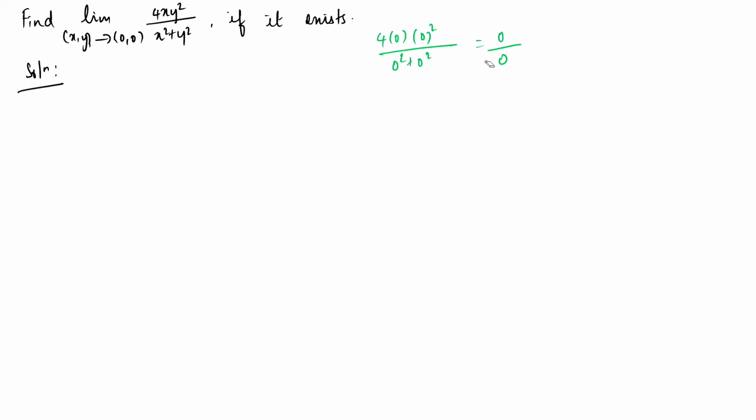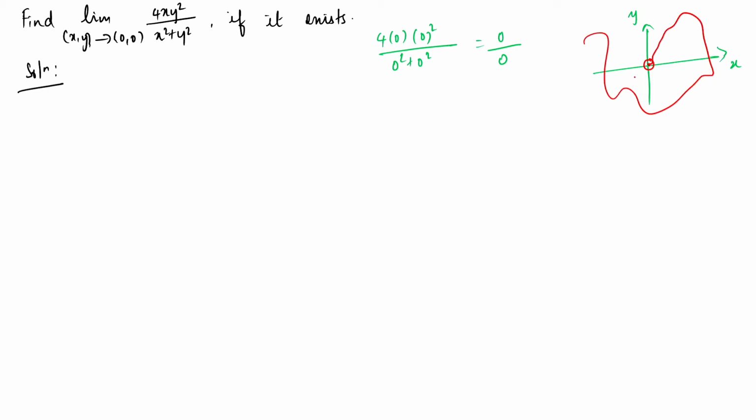Basically, what do we mean by a limit? Your domain is going to be in a two-dimensional plane, so you will have to come to the point (0, 0), that is, you will have to approach the origin. If you have to approach this point, you may come on any path. This may be your curve.